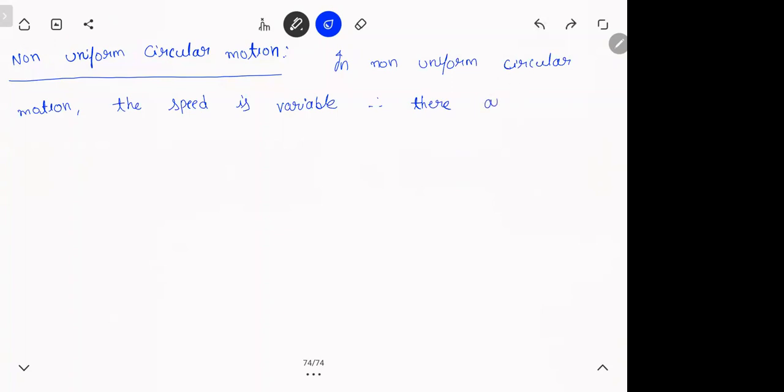Therefore, there are two acceleration components on the particle. There is a tangential acceleration.